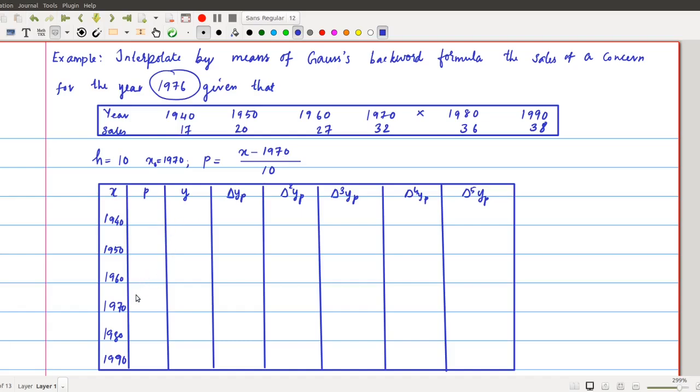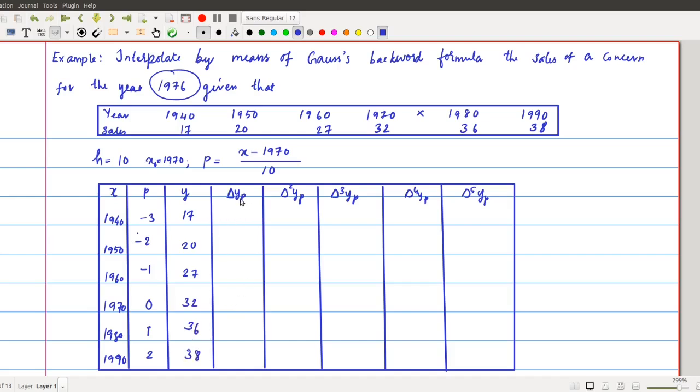If you take 1970, you have 0 here, and here we have -1, -2, -3, and here we have 1, and this is 2, and the corresponding y values, that is 17, 20, 27, 32, 36 and 38. So these are the y values.